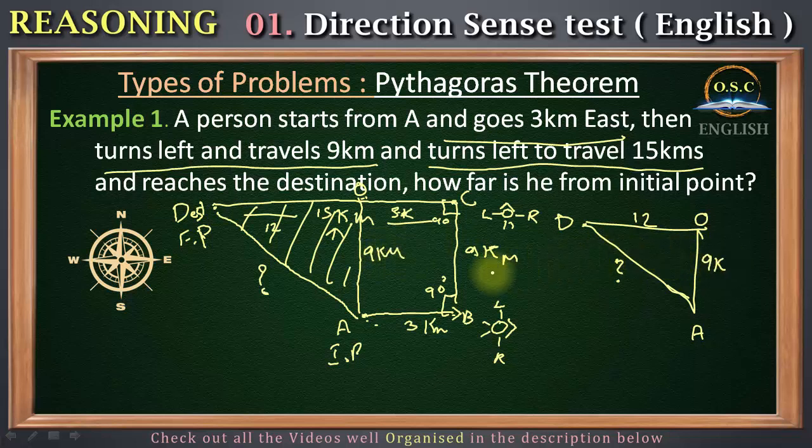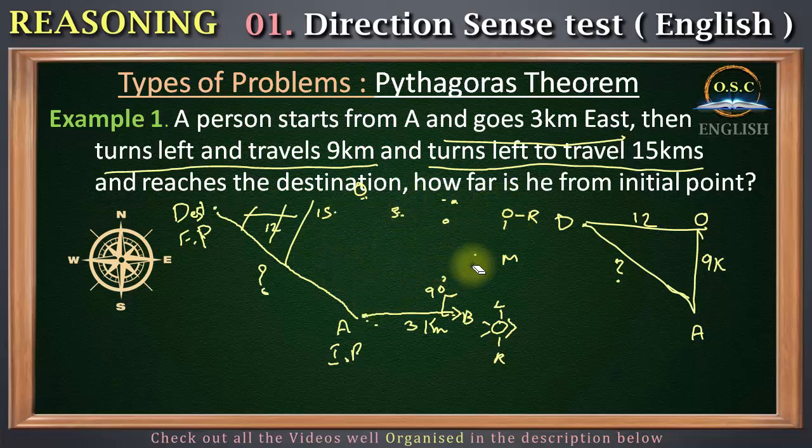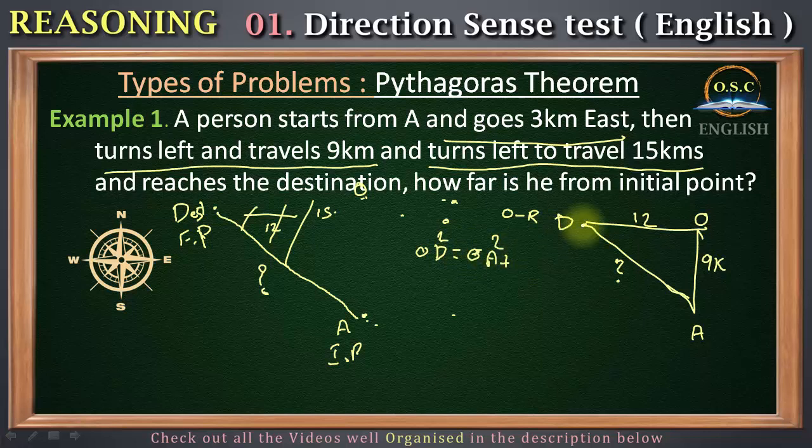According to all this, what have I told you about a right angle triangle? What I've told you is, in any right angle triangle, the side of hypotenuse, that is OD square, is equal to OA square plus AD square.